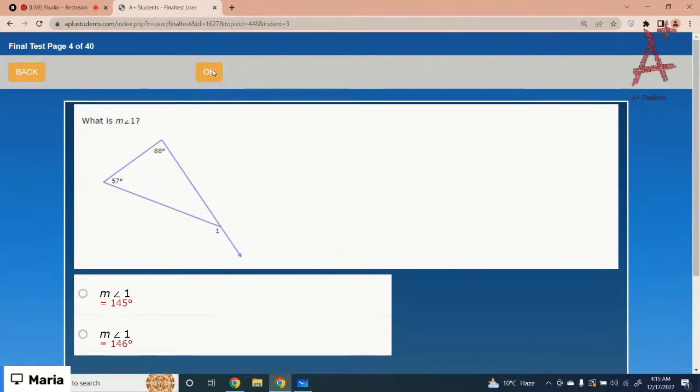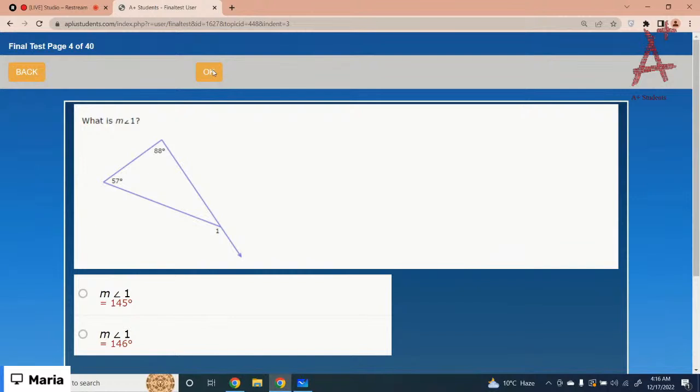Okay, again you have to find the measurement of angle 1. Angle 1 is an exterior angle. So the exterior angle equals, you have to add 88 and 57.